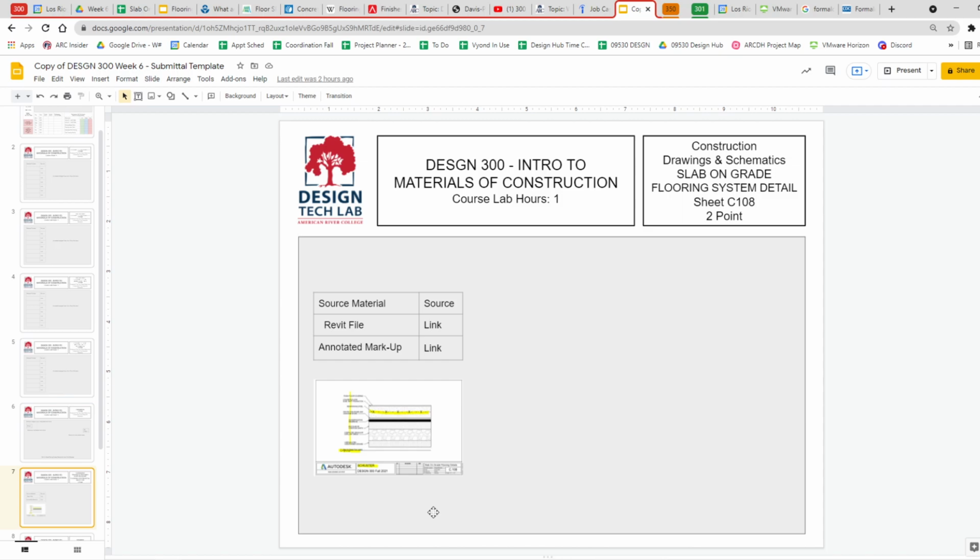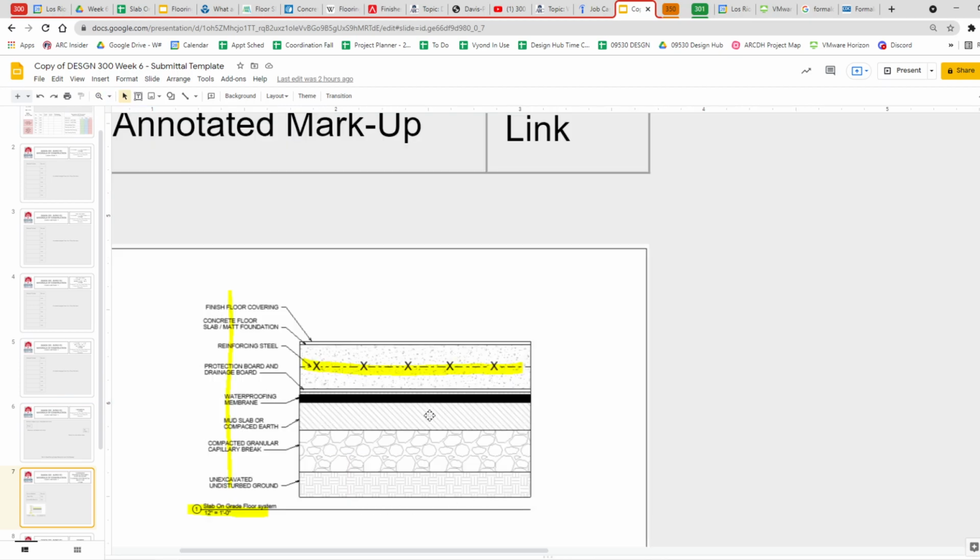Often you'll be given something like this image, and I'll zoom in on it. You'll be given an image like this and then told, okay, this is great, but we don't have this protective board. We're putting it right down on top.